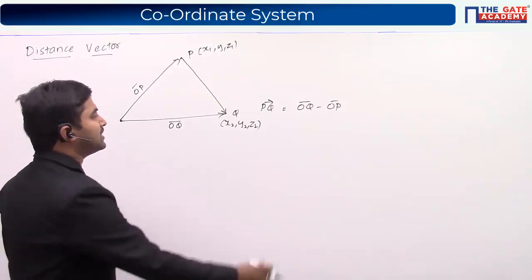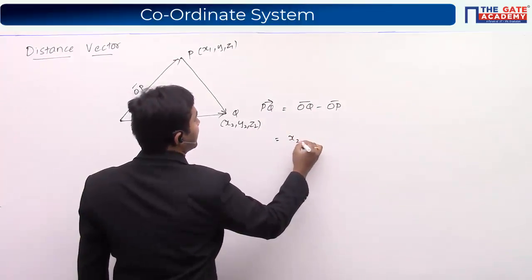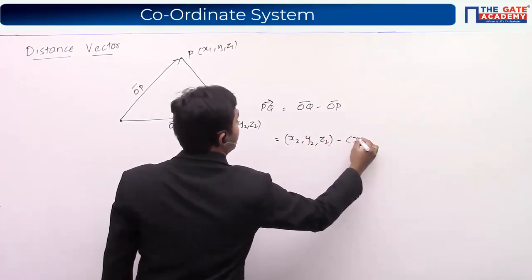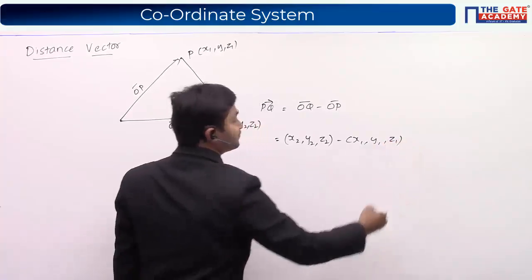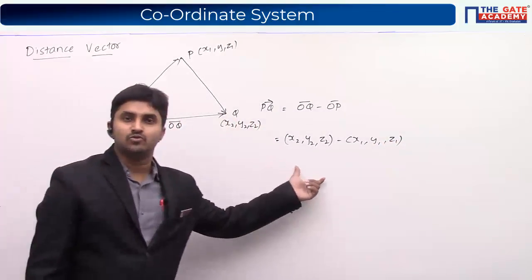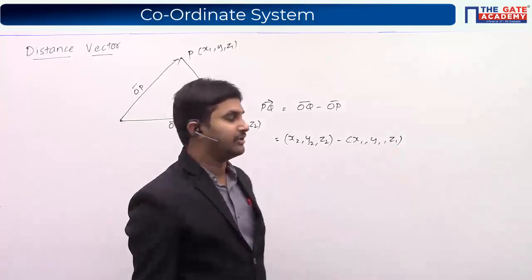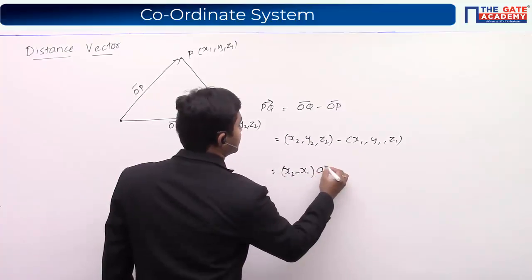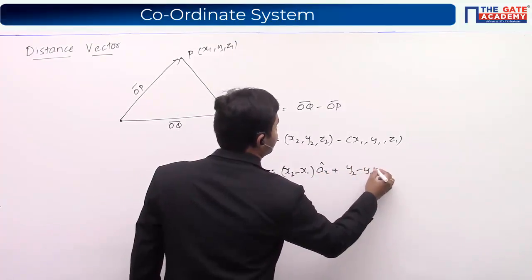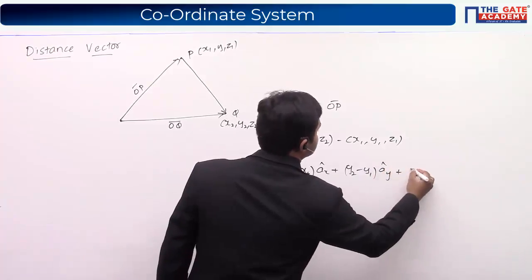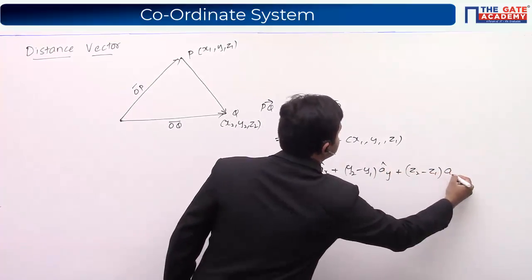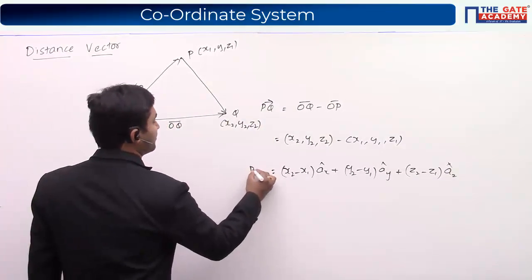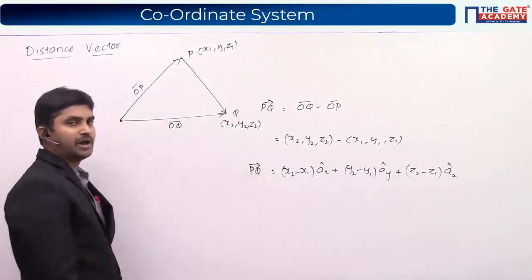Now OQ bar minus OP bar is given by what? x2, y2, z2 minus x1, y1, z1, which is nothing but x2 minus x1 in the x direction plus y2 minus y1 in the y direction plus z2 minus z1 and of course in the z direction. So this is what we are calling a distance vector PQ bar.